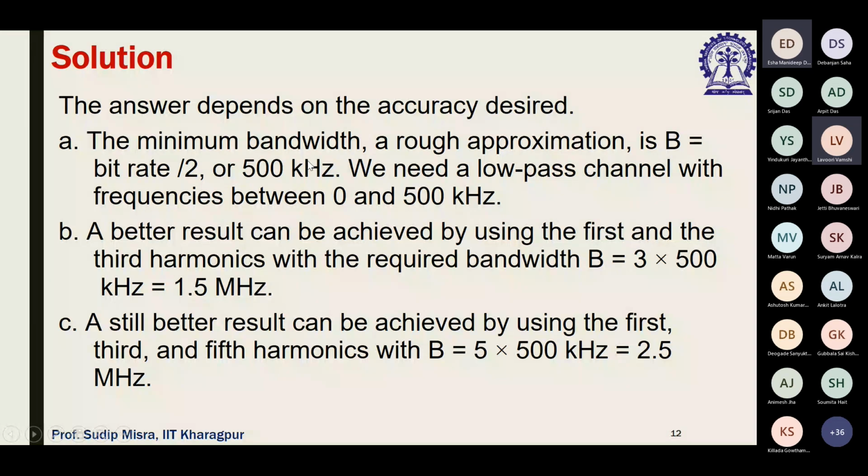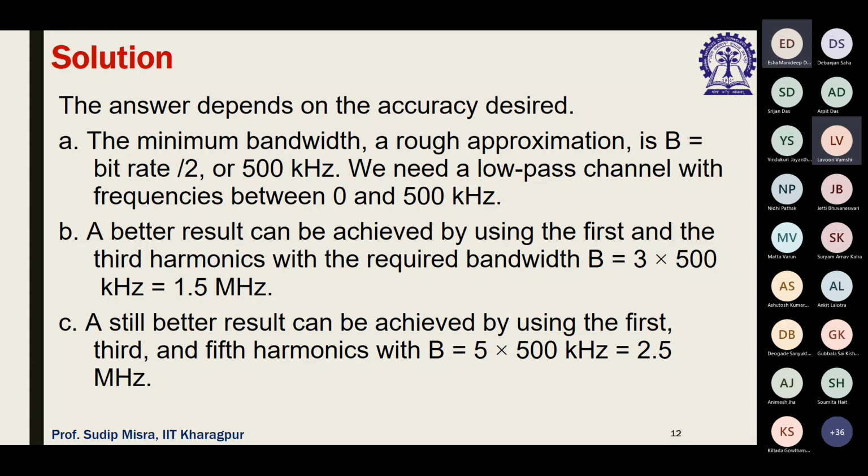So the minimum bandwidth through the rough approximation mechanism is going to be 500 kilohertz for a 1 Mbps data rate. So we need a low pass channel with frequencies between 0 and 500 kilohertz for the transmission of this particular signal.